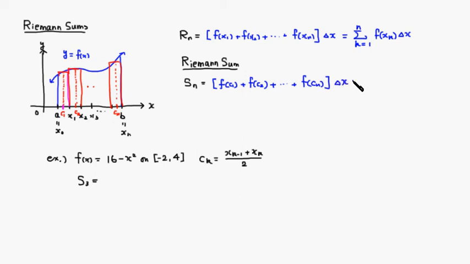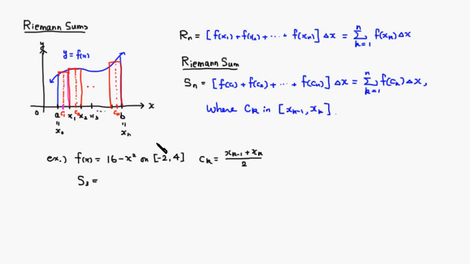This can be written in summation notation: the sum, k goes from 1 to n, of f of ck delta x, where ck is always in the interval between x sub k minus 1 and xk. This is called the Riemann sum, and the notation is S sub n.